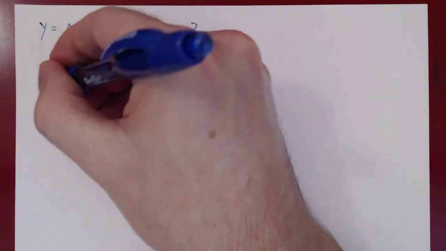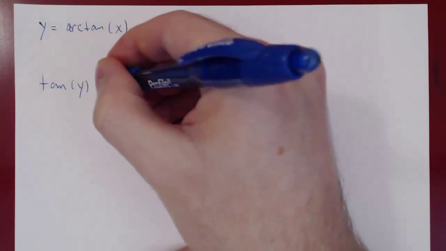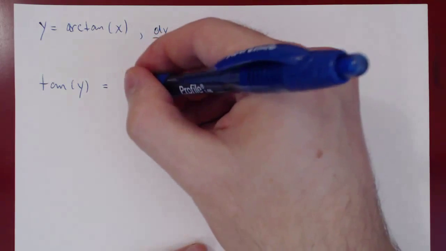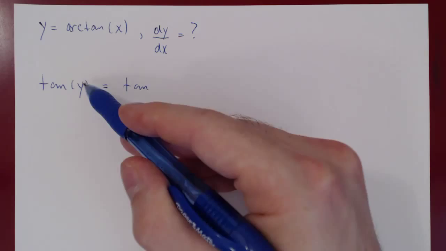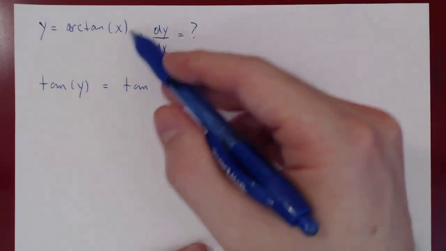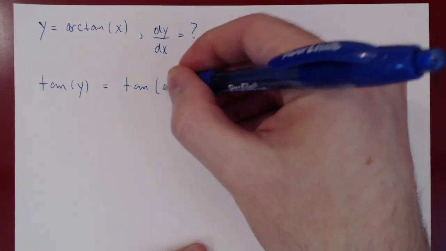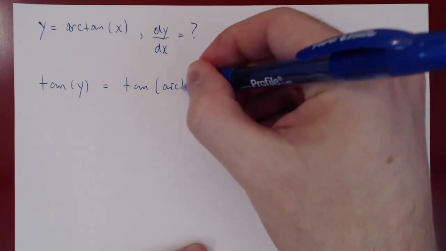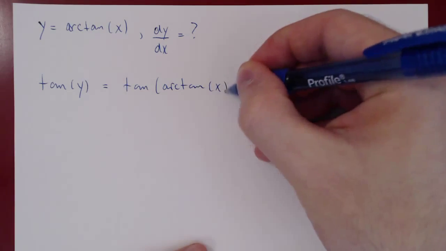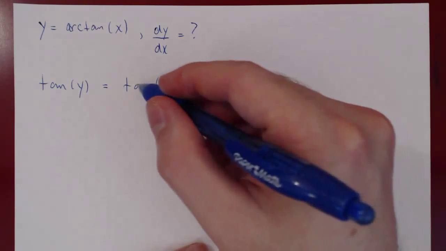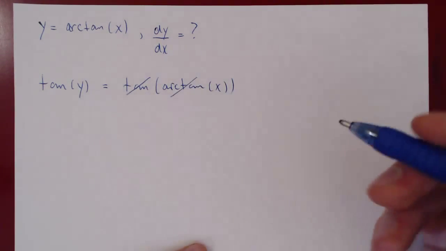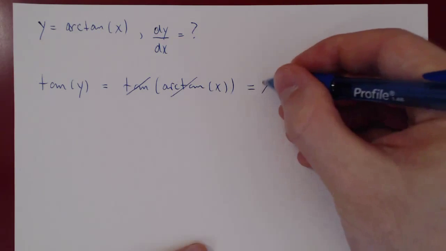So tangent of y will be equal to tangent, and now we replace y by arc tangent of x. They're equal. But again, tangent is the inverse of arc tangent, so if you compose the two, they cancel each other out, and we're left with quite simply x.